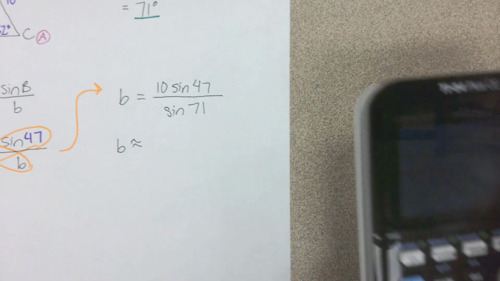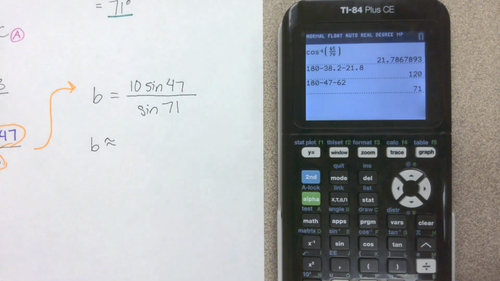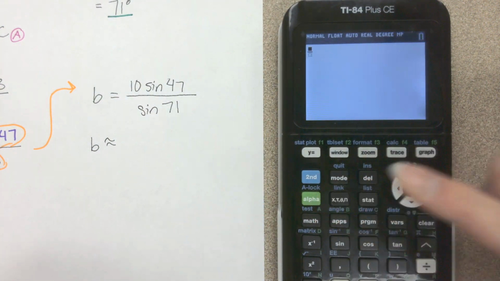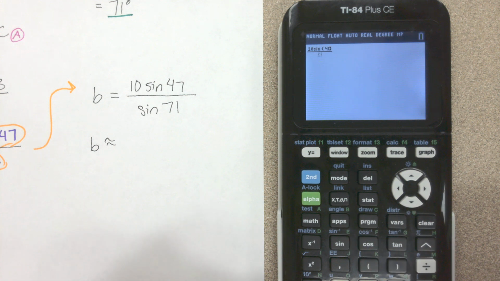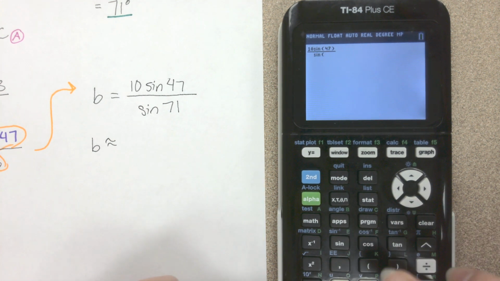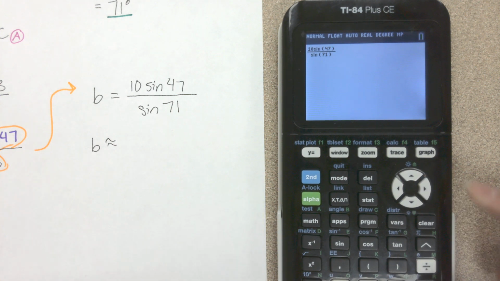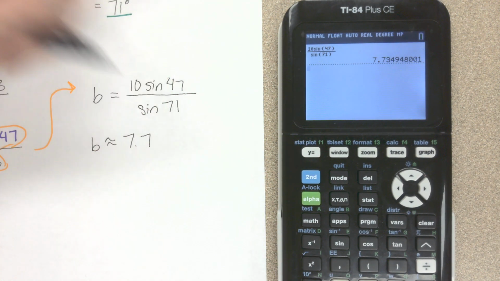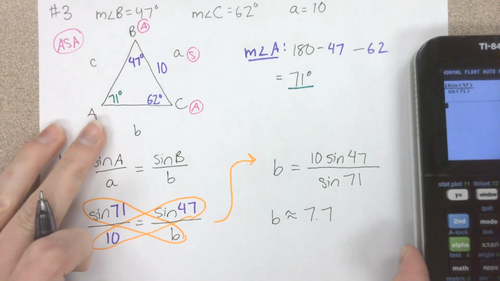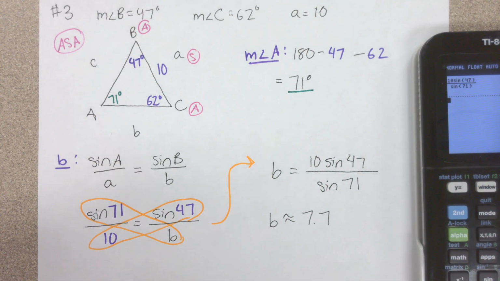And then calculator to solve, or to get the answer. We have 10 sine of 47 over sine of 71. 7.7. So that's side B.